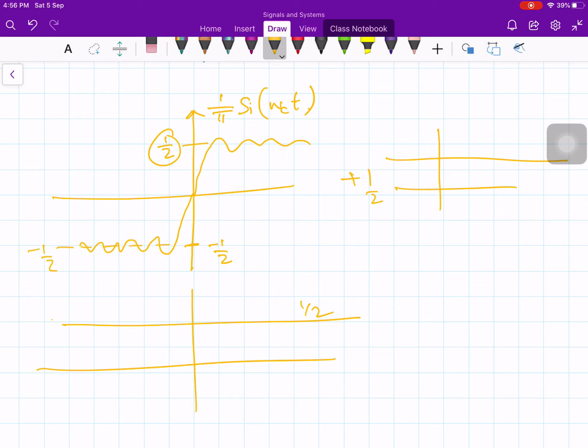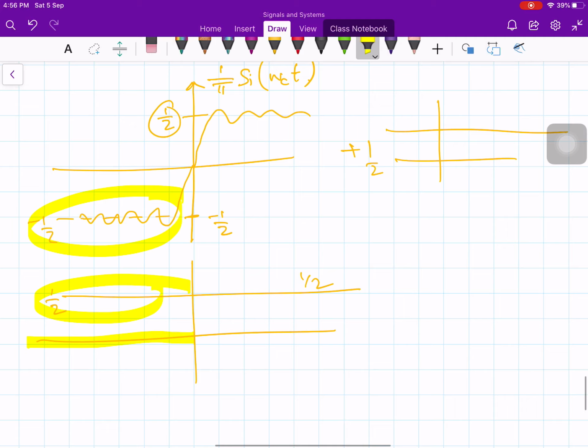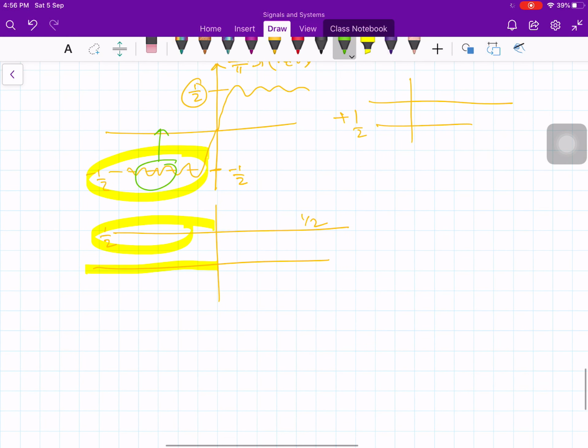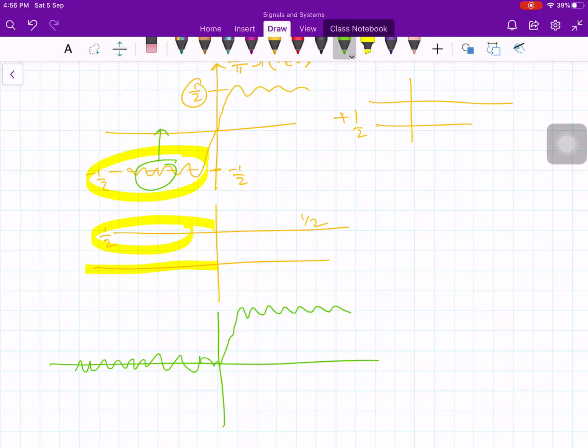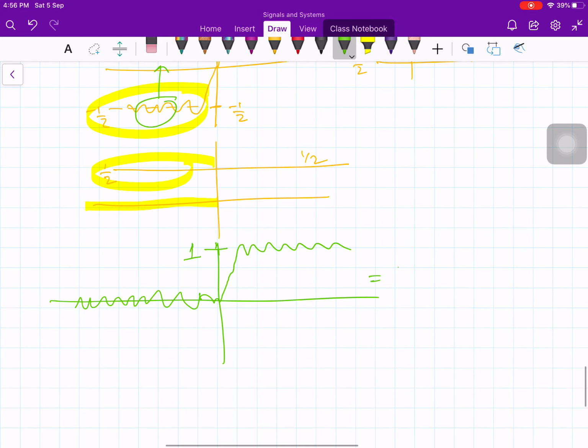If you add this and this up to t equals 0, then this portion will shift to the 0th line. So it comes like this and settles down on the 0th line, and then it reaches and comes to the one line now. This point is 1 now, and this one is 1 by 2 plus 1 by pi Si of omega c t.